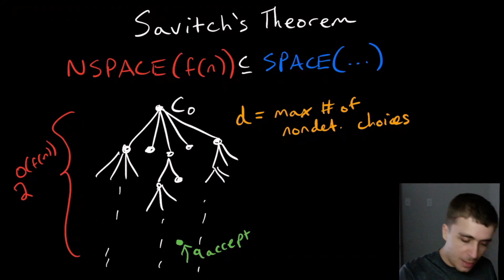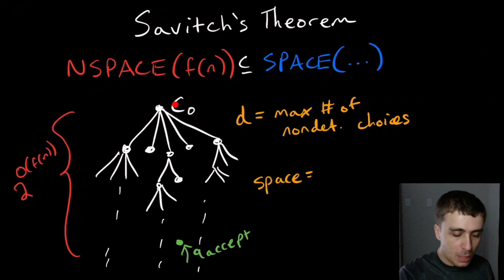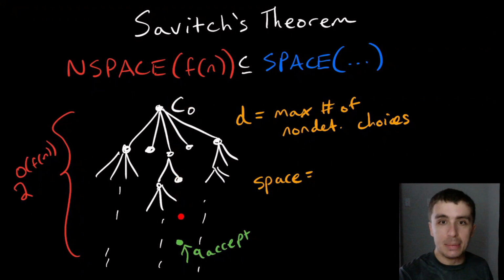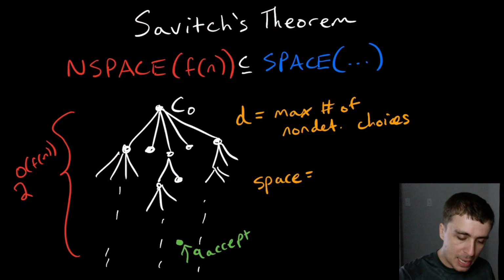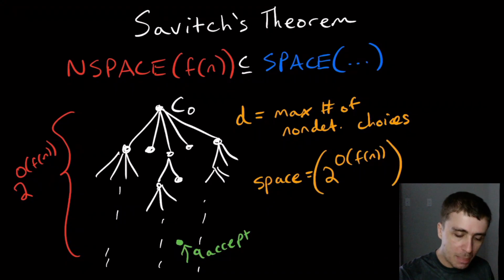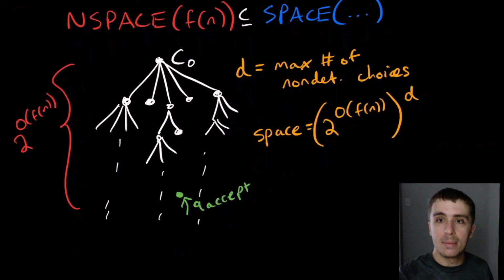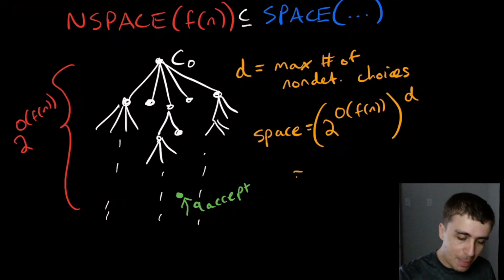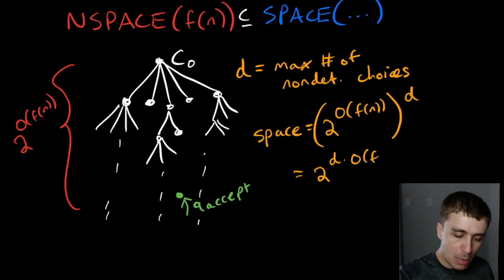Then the amount of space used in the whole thing is going to be d times d times d, all the way down this deep. So that means I'm going to have 2 to the big O of f of n, and then the whole thing to the power of d, which seems like a lot, but it turns out to be not horrible. It's 2 to the d times big O of f of n.